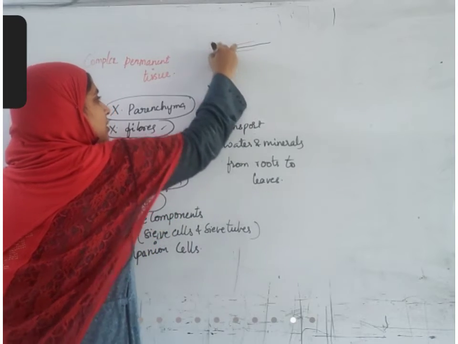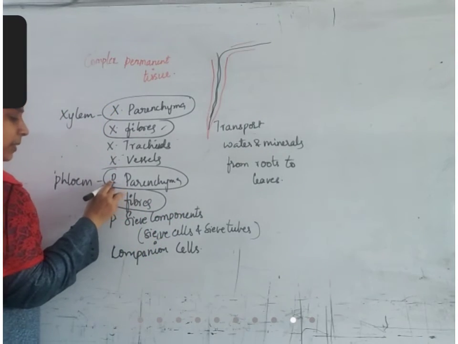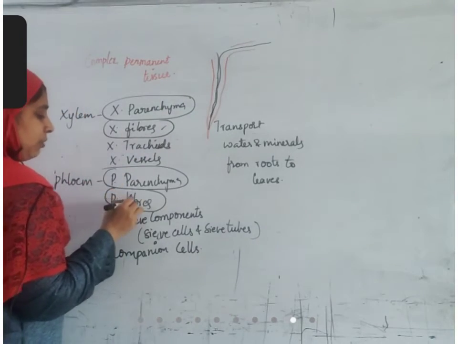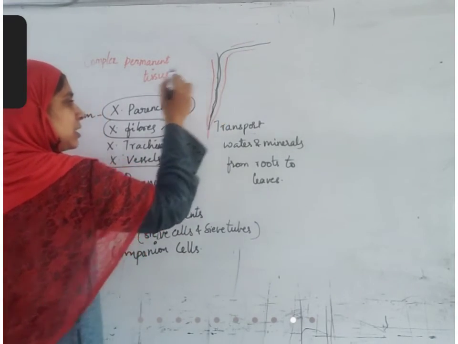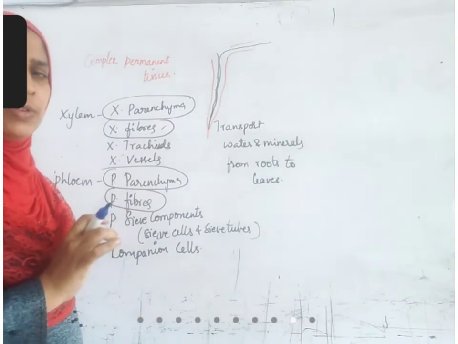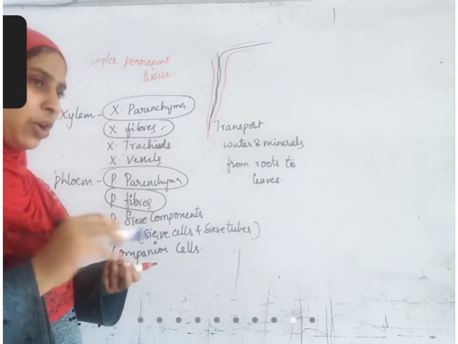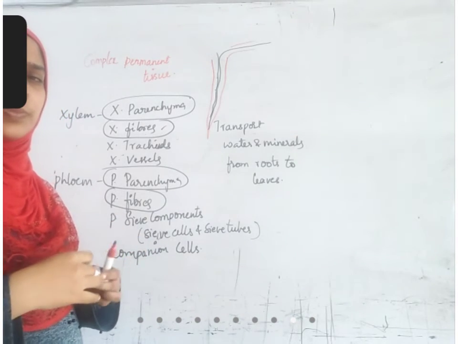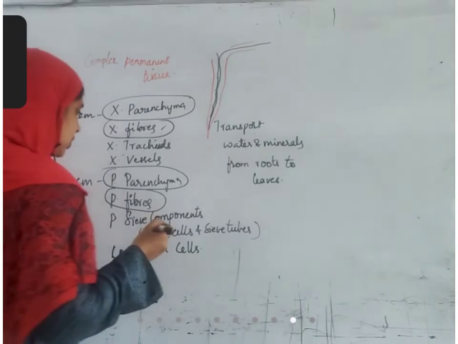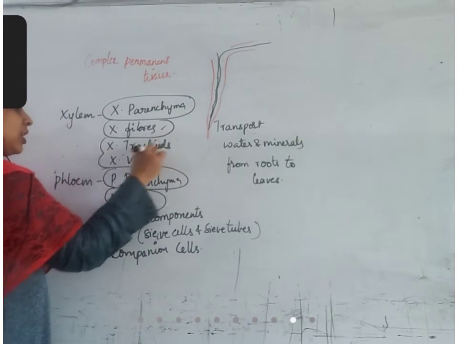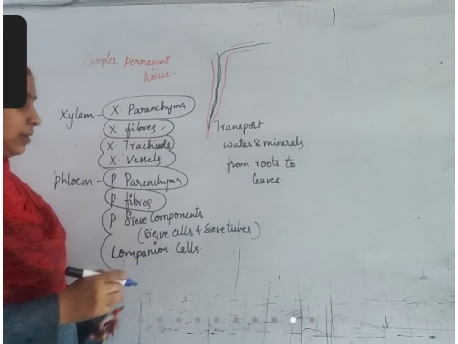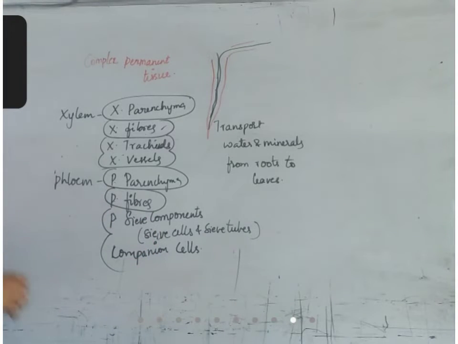So phloem parenchyma and phloem fibers are associated with phloem. The only thing is they are associated with xylem and phloem. Structurally and functionally, they are all similar to simple permanent tissue. So what we have to study here are, in xylem, tracheids and vessels, and in phloem, sieve elements and companion cells. That we'll study now.